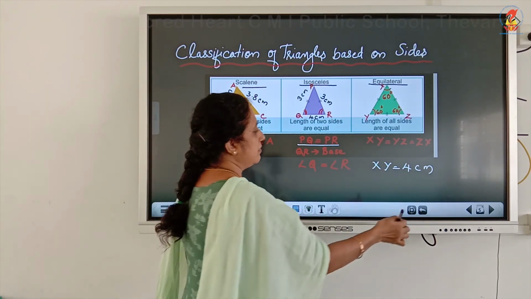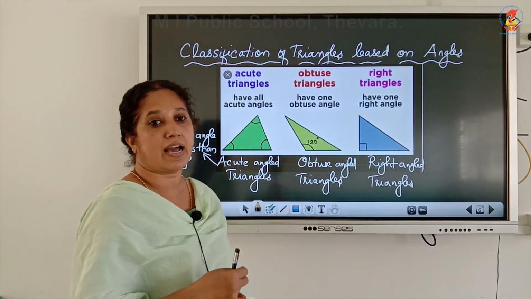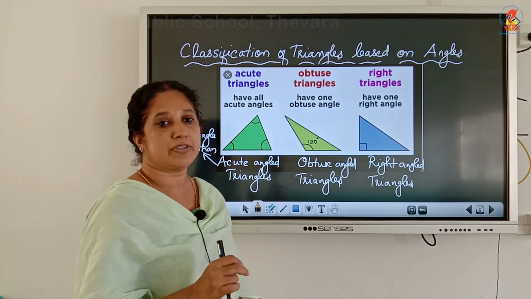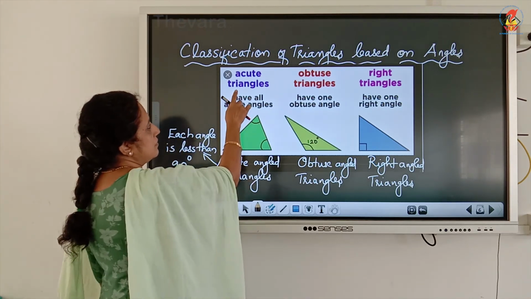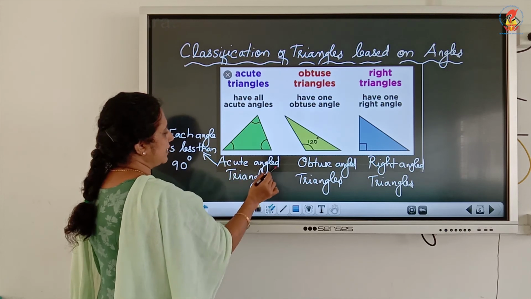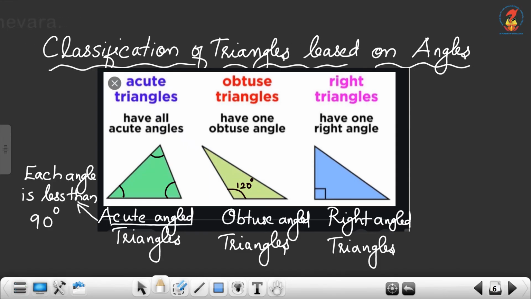Now next we have to consider the classification based on angles. We have to consider the measure of the angles. The first one is acute angle triangles.